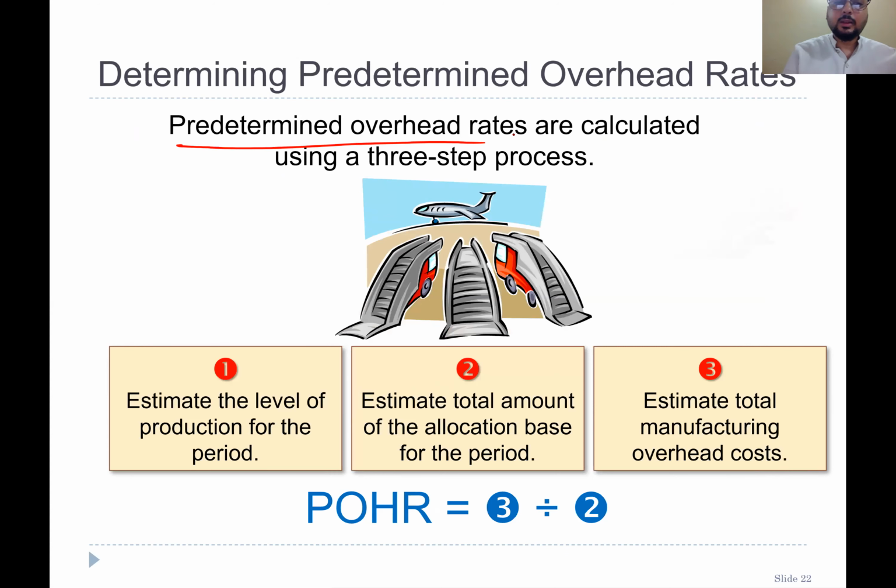Number one, you estimate the numerator, simply the total estimated cost of the period, divided by, you estimate the allocation base, the denominator, and then you find out the predetermined overhead rate, right?